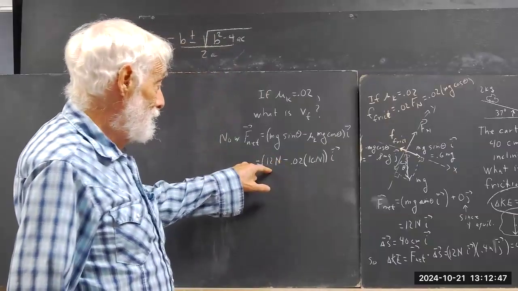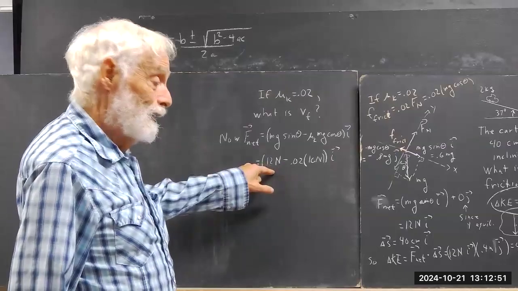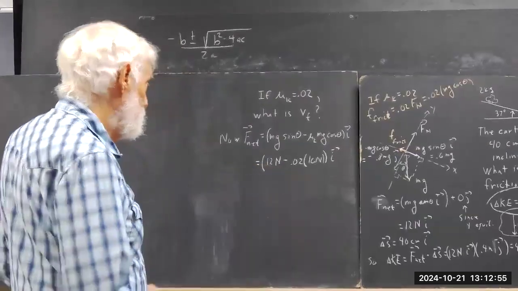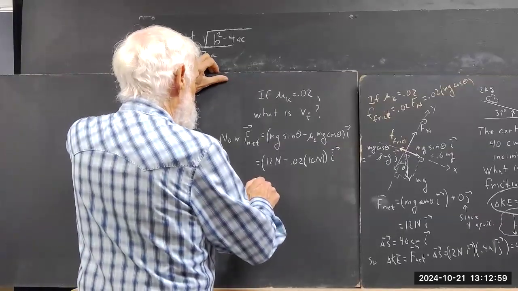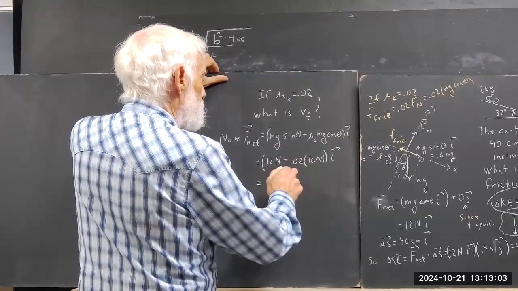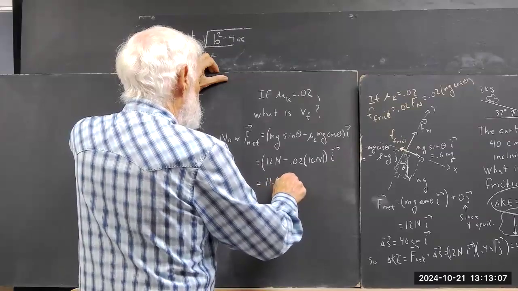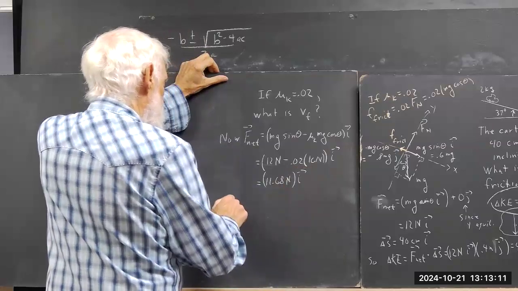So obviously, these two are going to have opposite signs. So this is in the direction of motion, and this is opposite the direction of motion. Make sure you understand all those words. Okay, well, that's going to be 0.32 newtons. That's going to be 11.68 newtons times i.